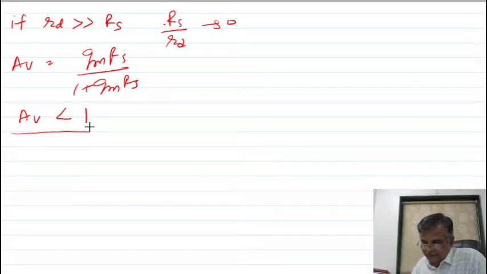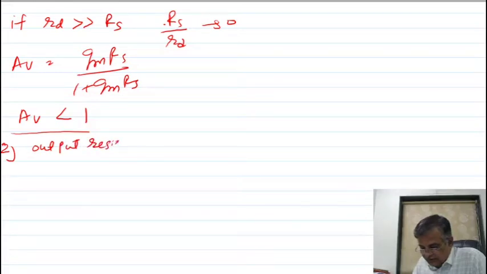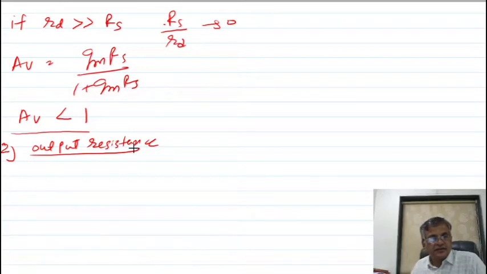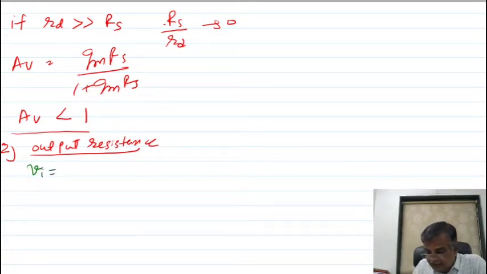Now, the second thing I want to discuss is output resistance. The output resistance of this amplifier can be found by making the independent input signal equal to 0.